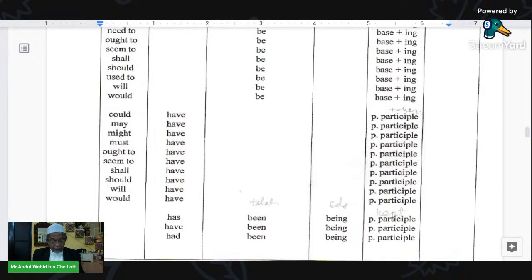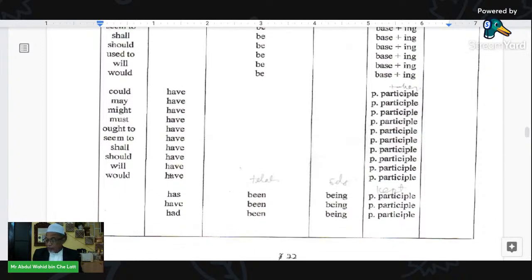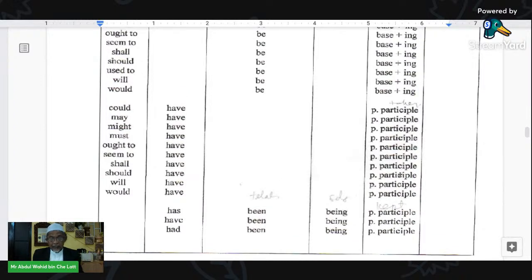Put your ruler under the word should in column 5 at the bottom there. Where you have should in column 5, have in column 4, and past participle in column 1. So therefore, the verb phrase will be should have attended. Okay, so the whole sentence reads, you should have attended the meeting because you are the one who is responsible for the project.